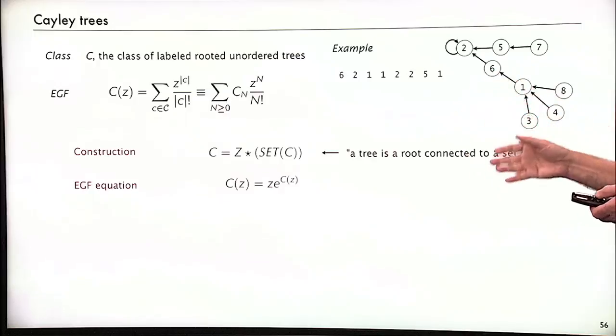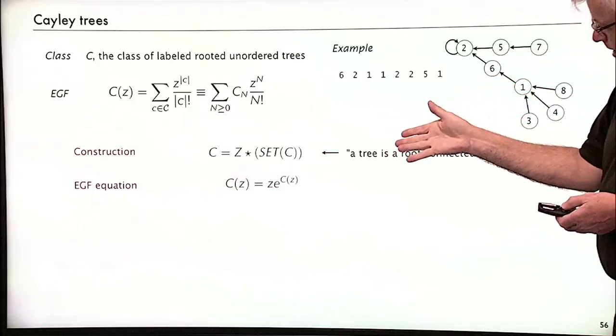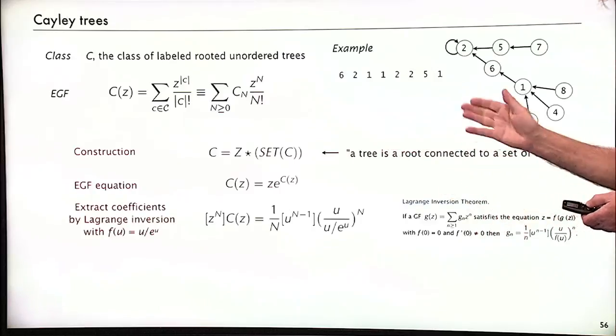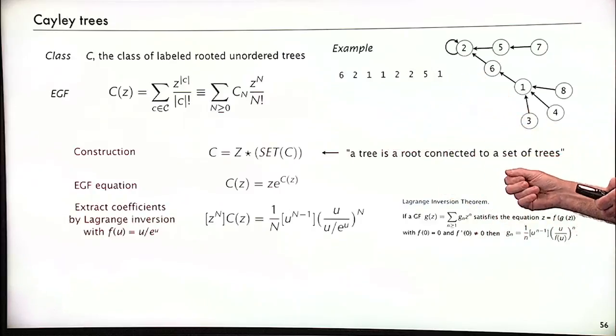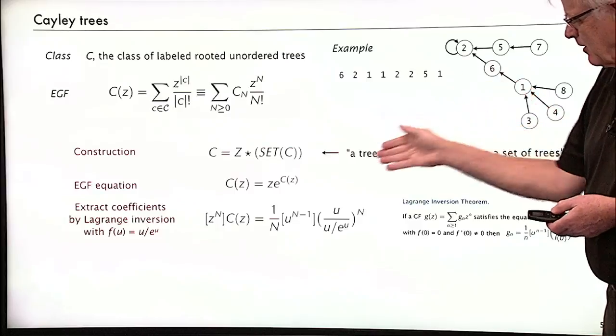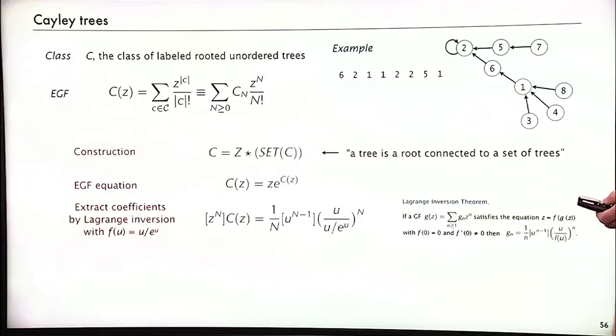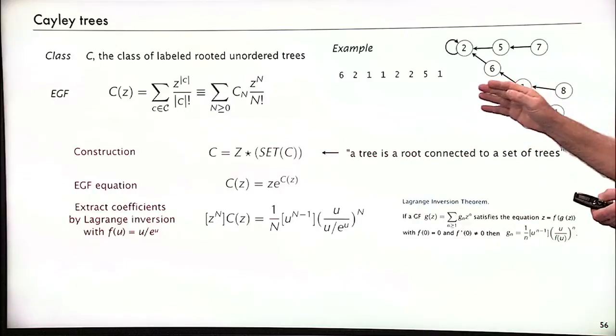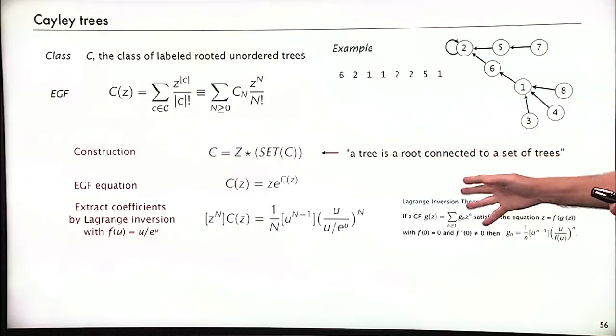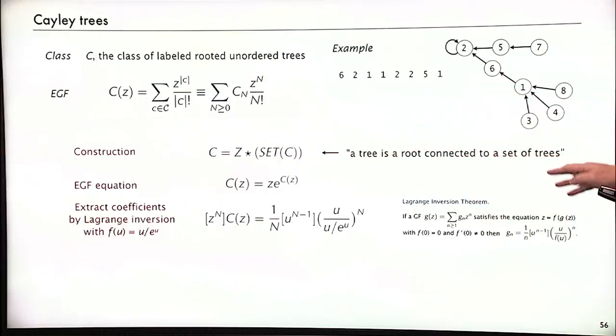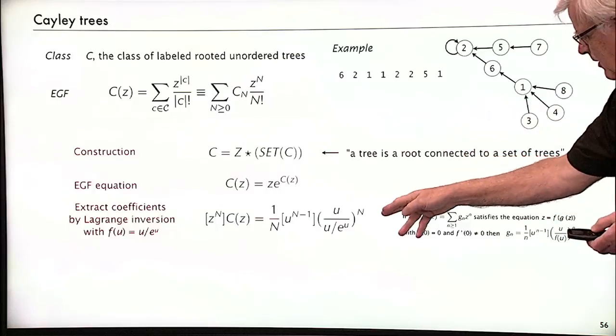That's called the Cayley function. It's the one that enumerates Cayley trees. So in other words, z equals C of z over e to the C of z. So that's using Lagrange inversion with f of u equals u over e to the u. So the coefficient of z to the n in C of z by the Lagrange inversion theorem, we look at u over f of u, which is just e to the u, so (e to the u) to the n.